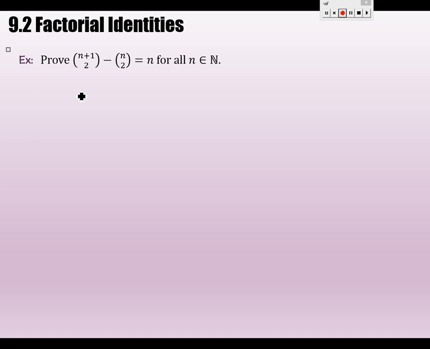I'm going to let people prove this. Number 2: use the definition of combinations here, if you haven't already.